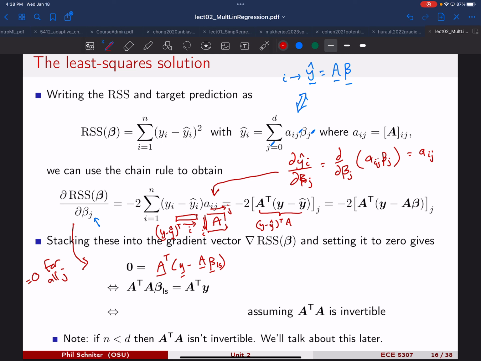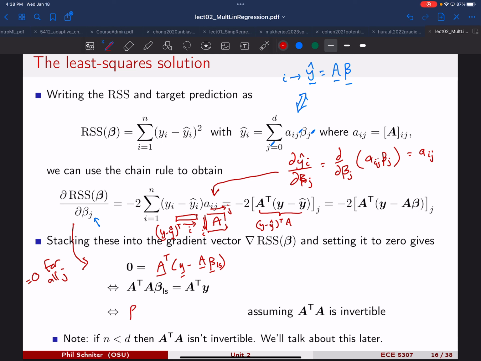So I'll put a little ls on that beta. When I plug in the least squares solution, that is what gives me this 0 derivative. And now I can just rearrange this. This is going to be A transpose y here, and then this other term is going to be A transpose A beta least squares. Because of the minus sign, I can move it to the other side. And there's only one last step to see what beta ls is.